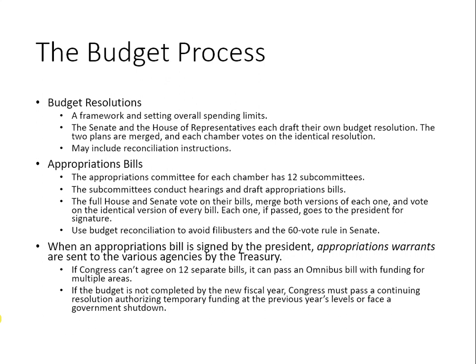So budget reconciliation is used basically by the Senate to avoid filibusters and the 60-vote rule, right? In order to pass bills in the Senate into law, basically we have to follow the 60-vote rule. But that's almost two-thirds of the senators, right?